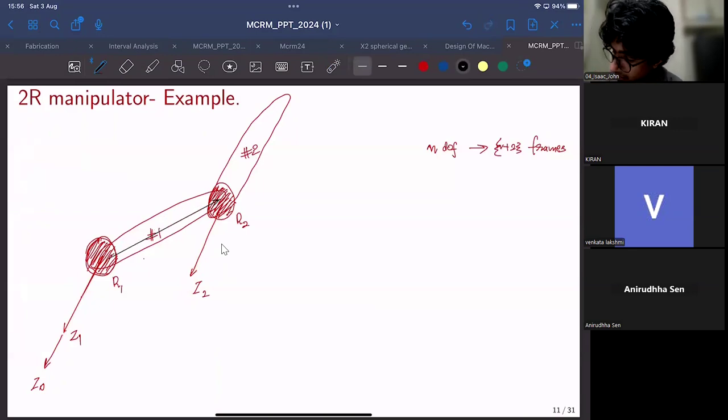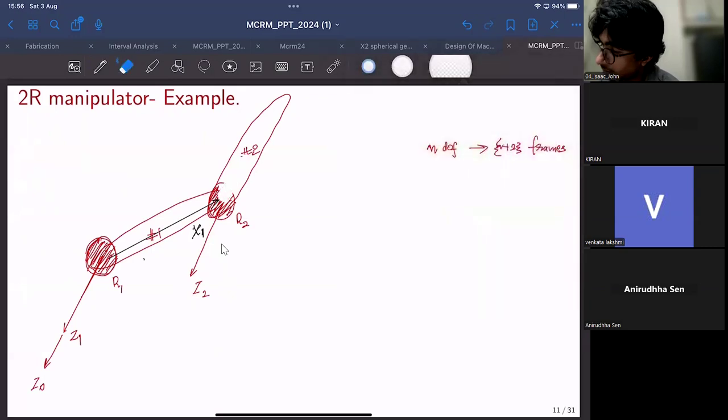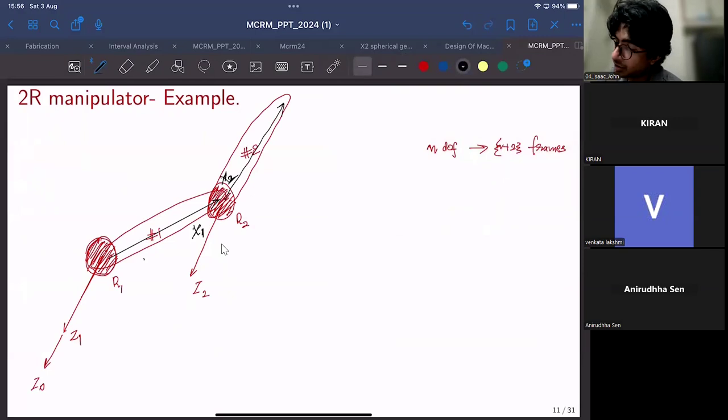So I label this as X1, right? And X2, I'll label along the second link. I'll label this as X2, and X3 I can choose however I want.